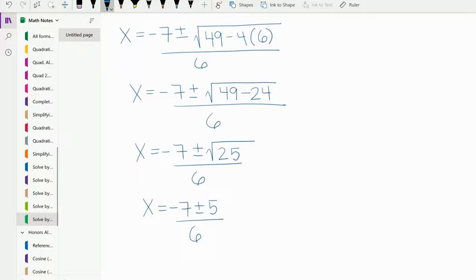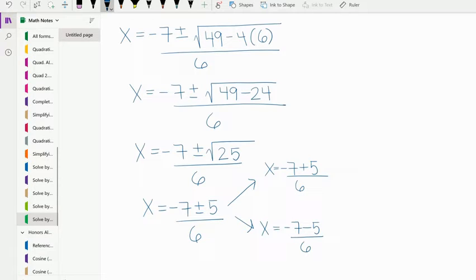And because we can combine all these numbers, I like to split it in two. So we have x equals negative 7 plus 5 over 6, and we also have negative 7 minus 5 over 6.